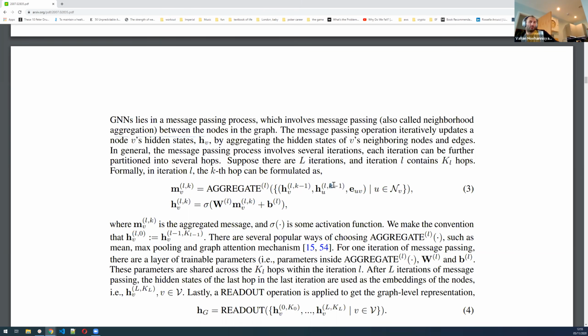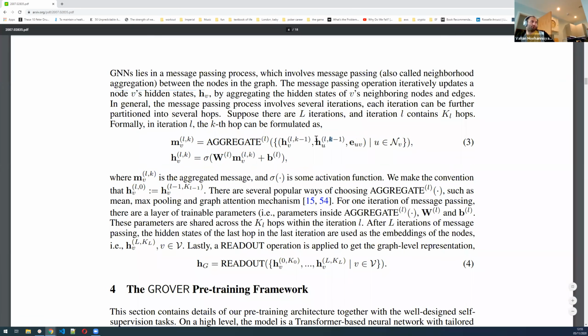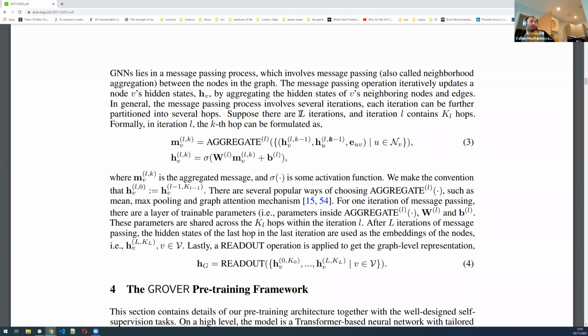Now this K is the hops, so that gives us access to nodes that are not directly linked to the current node. So we get to extend a bit further, and we will run iterations here. So we start with some initial representation, and then we will do several iterations, L iterations here, and we will do KL hops.